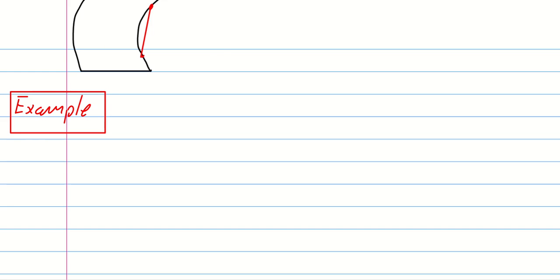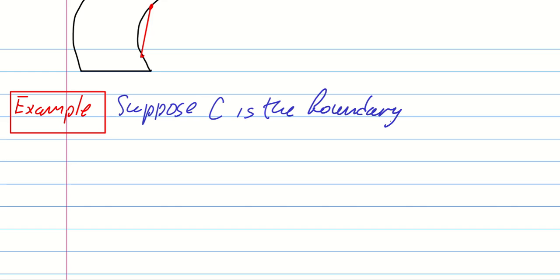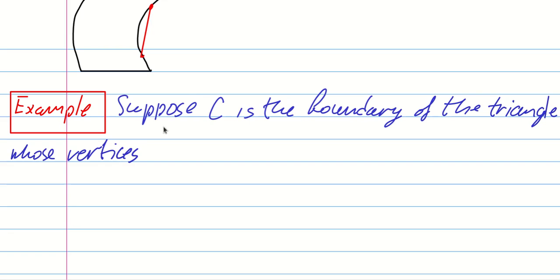So in this example, we're going to suppose that C is the boundary of the triangle whose vertices are (0,0), (1,2), and (0,2).